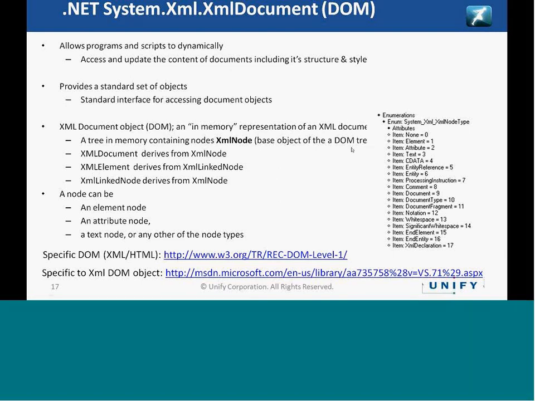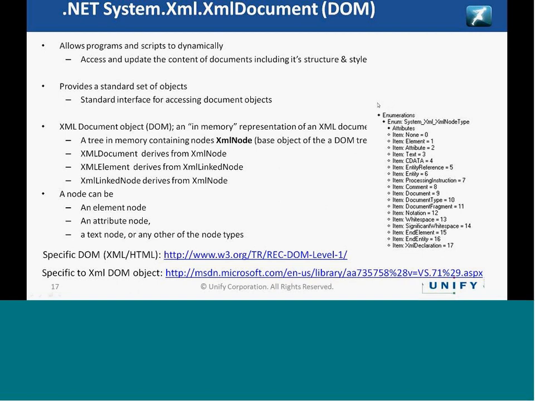I'm sorry for the cut. XML document is derived from XML node, which is the base object for the DOM. XElement is also derived from XML linked node, and XML linked node is derived from XML node. A node can be an element node, an attribute node, a text node, or any other type of node.